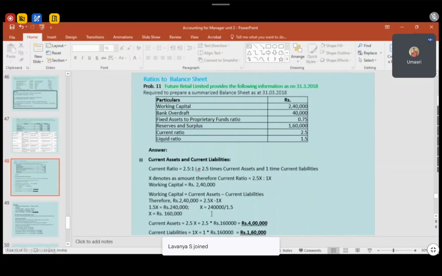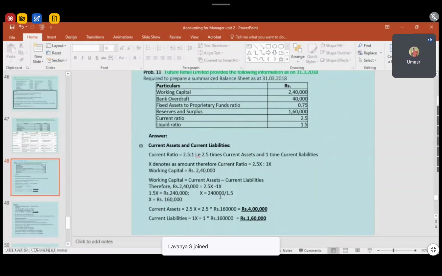If you substitute, current liability, you get 2,40,000 divided by 1.5, that is 1,60,000. One time means that is current liability. Current liability is 1,60,000. What is current asset? 1,60,000 into 2.5 times, right? So current asset is 4 lakhs.